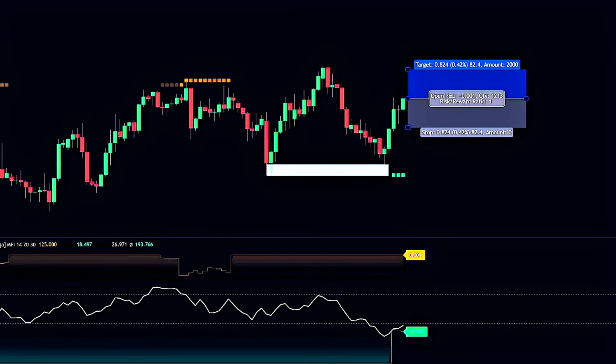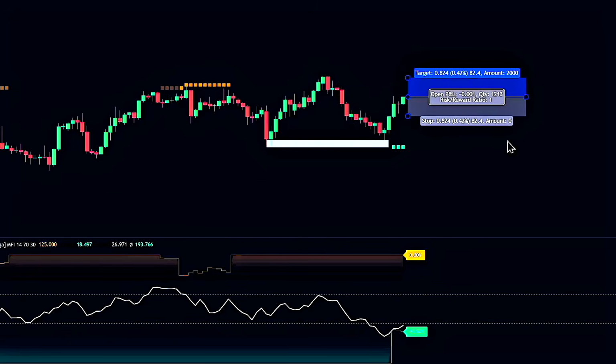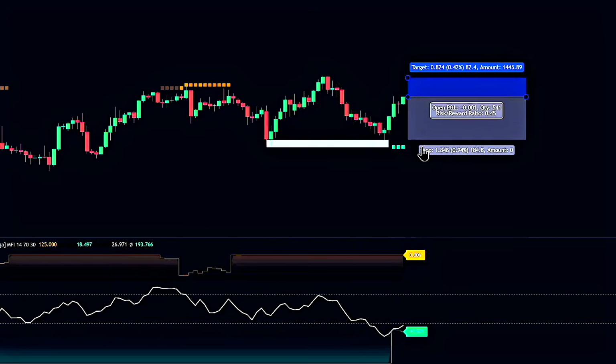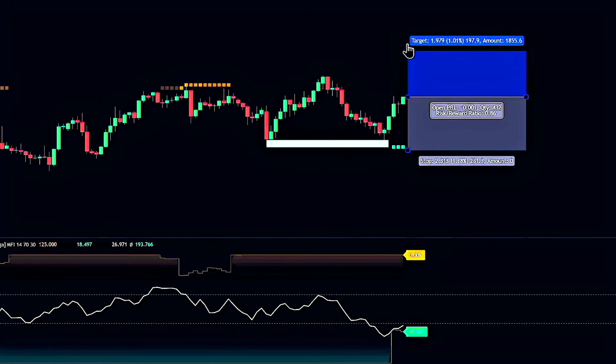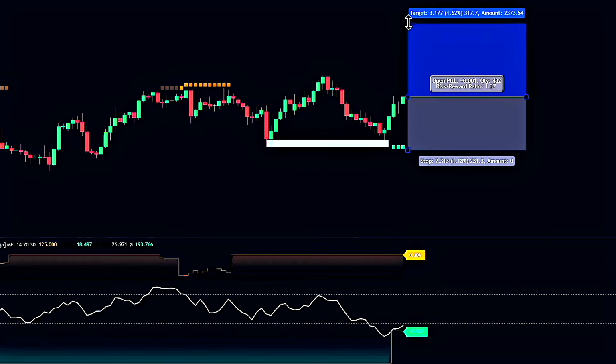Entries are taken on the close or the first small pullback, depending on your style. The stop goes just below the structure. The first target is conservative, usually somewhere between 1.2 and 1.5 risk-to-reward ratio, so the statistics can work in your favor.